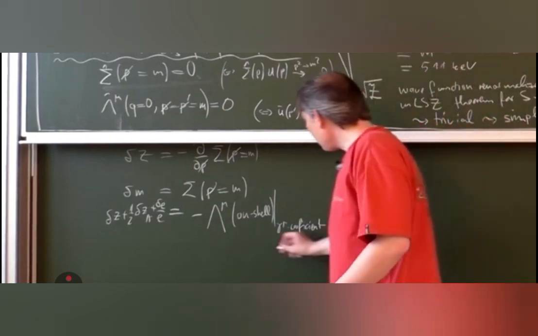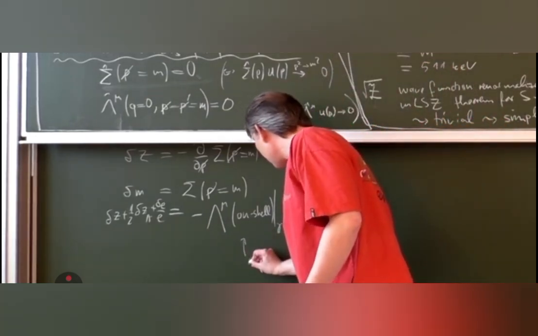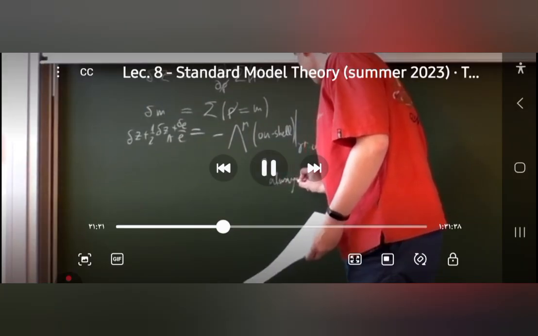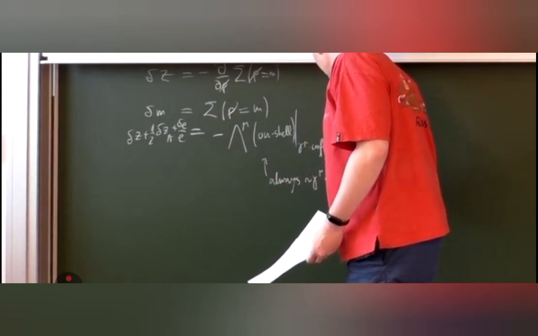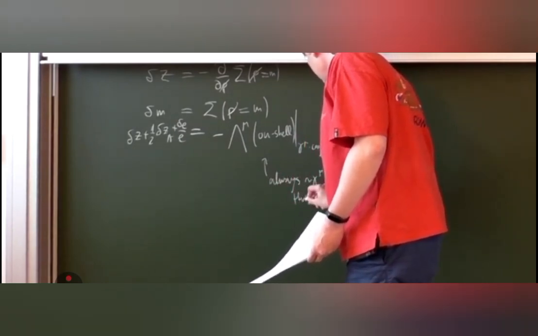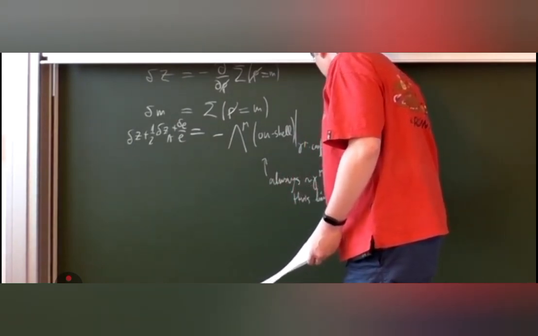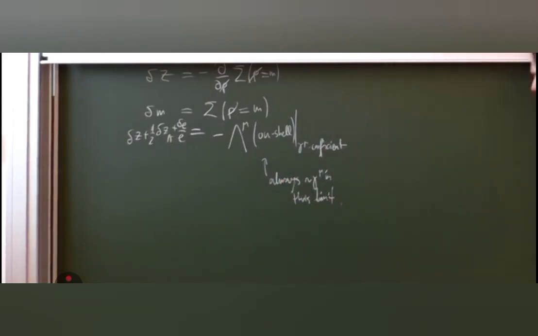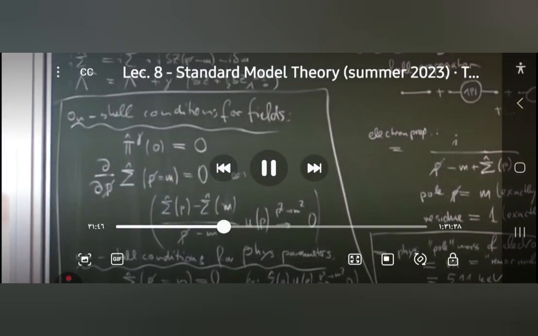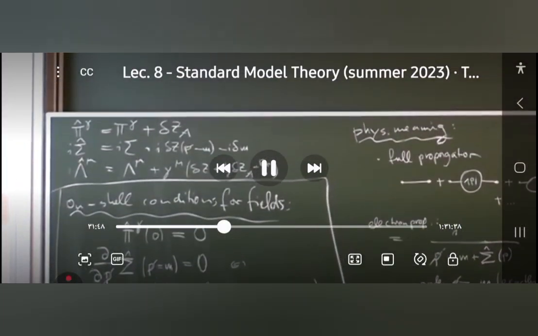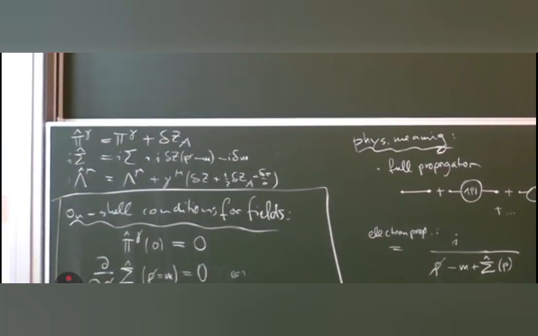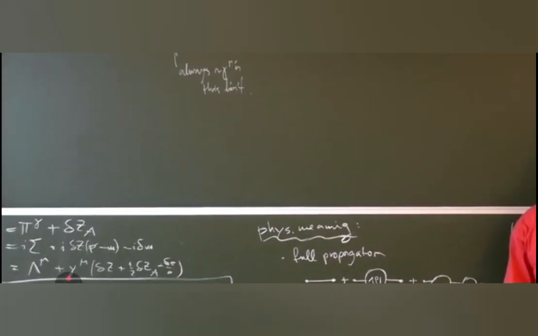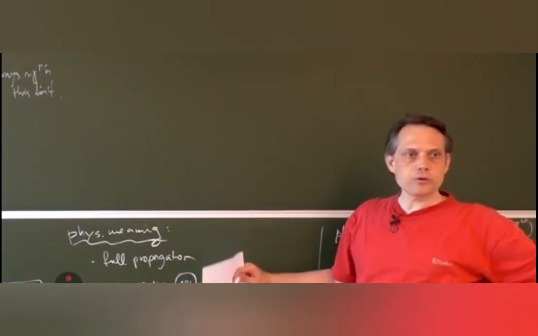Okay, and so let's write this. This is always proportional to gamma mu in this limit. But now in this way, we have solved for the renormalization constants, and for each renormalization constant there is now an explicit equation which would allow you to calculate it in practice.